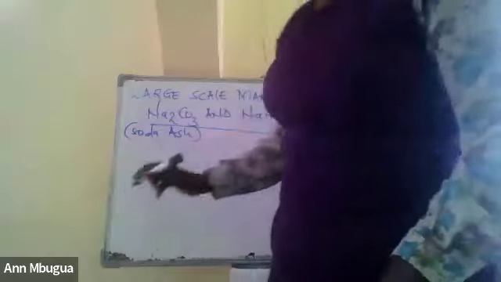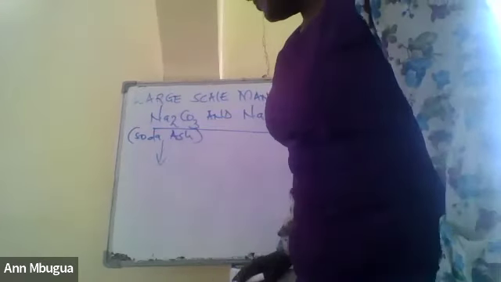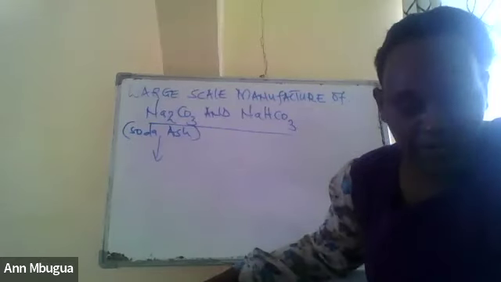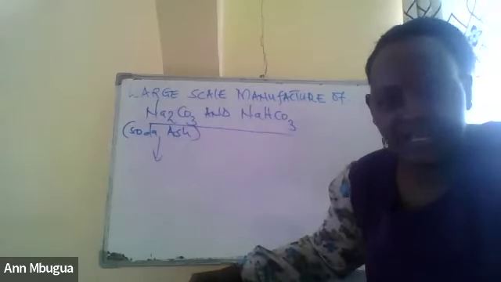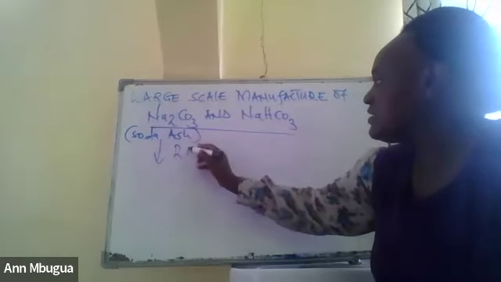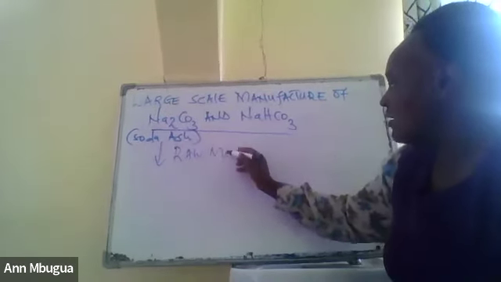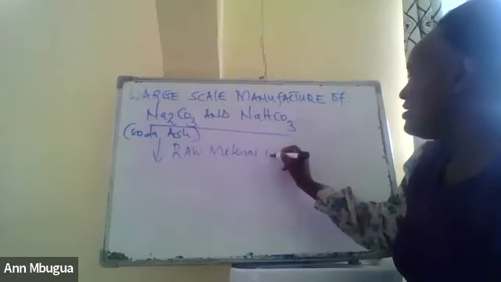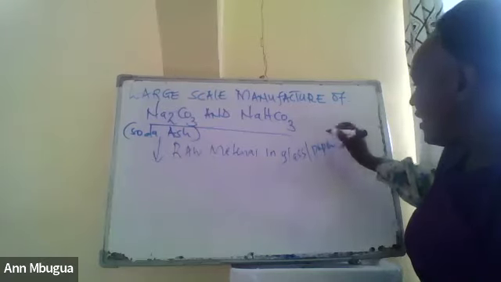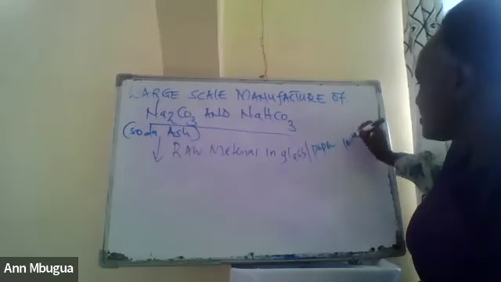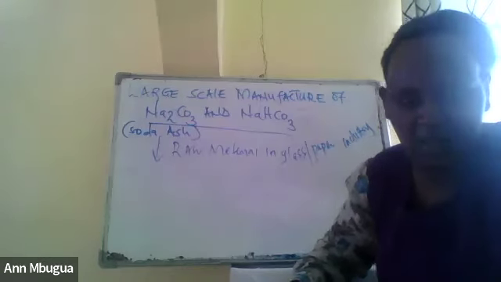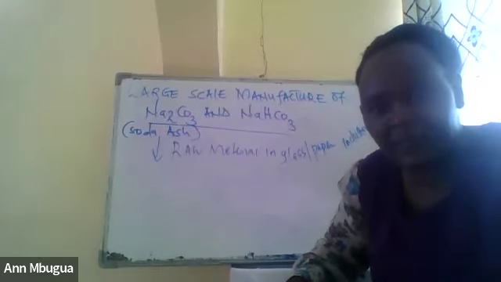This sodium carbonate has very major uses. One of them, it is used as a raw material in the glass and paper industry.